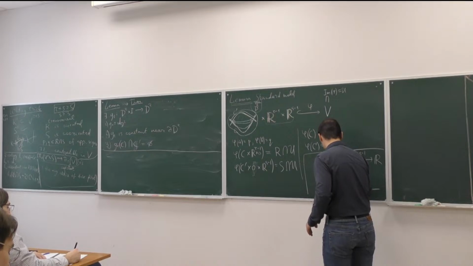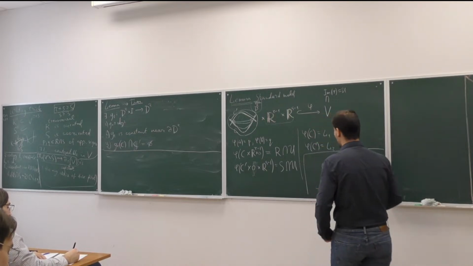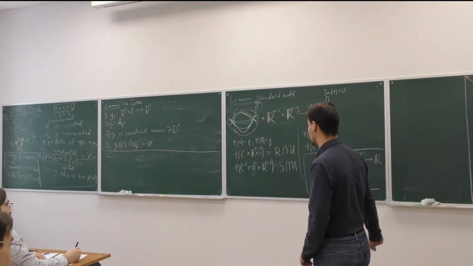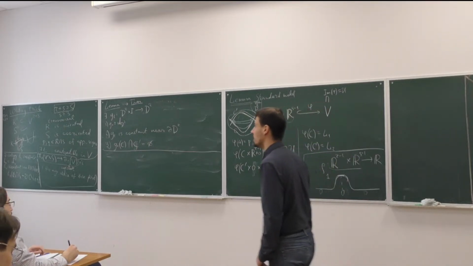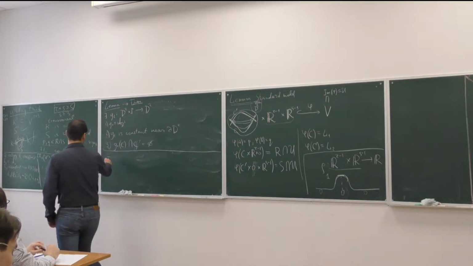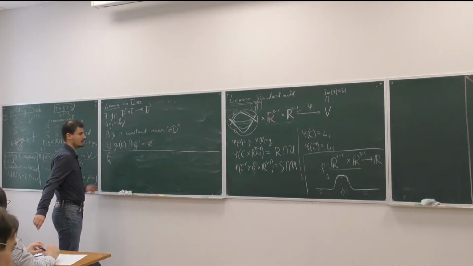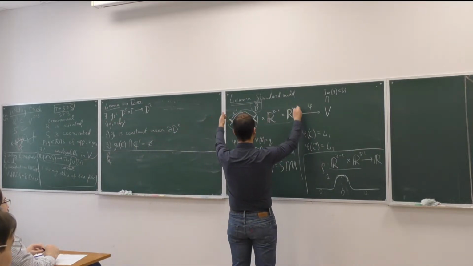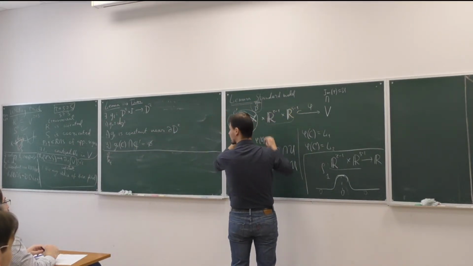Then using this function and G, we can write down H explicitly. H will be an isotopy of this coordinate neighborhood.